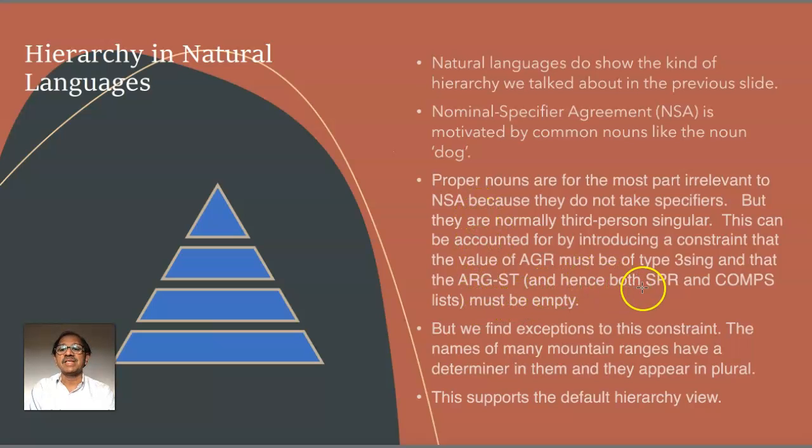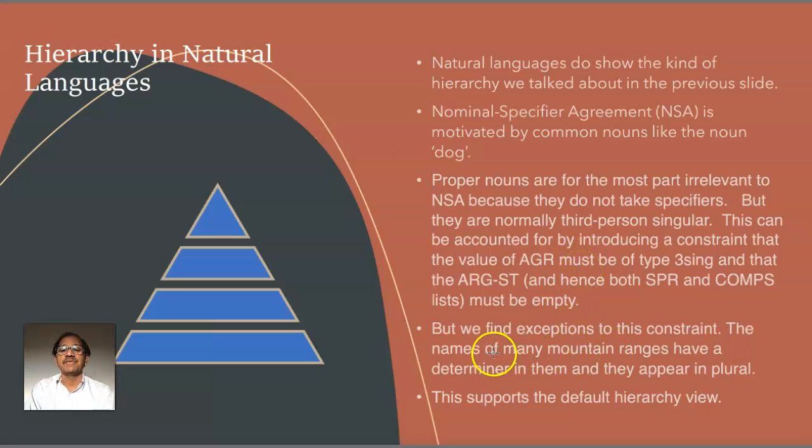So argument structure must be empty. If you put this constraint, then proper nouns are defined differently from common nouns.